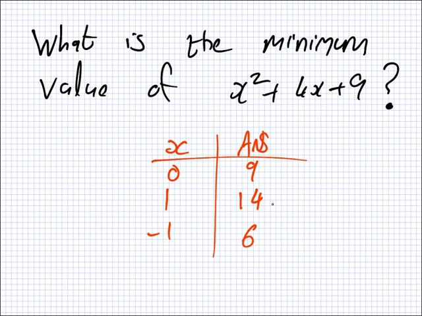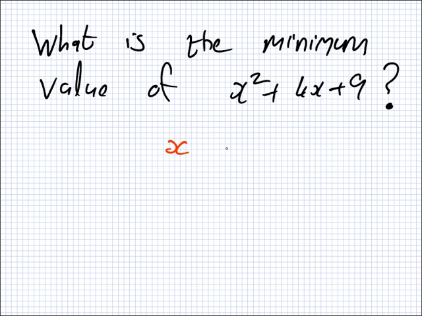Anyways, if I do this for a while, I discover all these values are above a certain number. They never drop below a certain value. Now my question is, what is that minimum value? In other words, what's the smallest that this could be? Not factorize. What we do is we complete the square. Yeah. Complete the square. So what do we get when we complete the square?